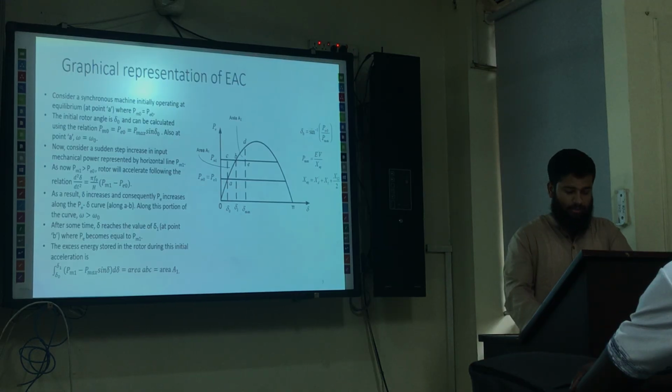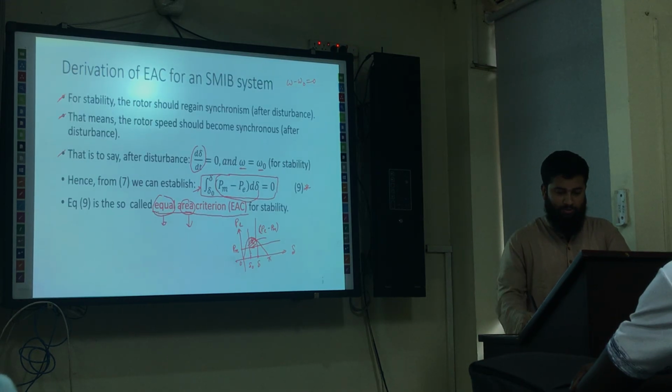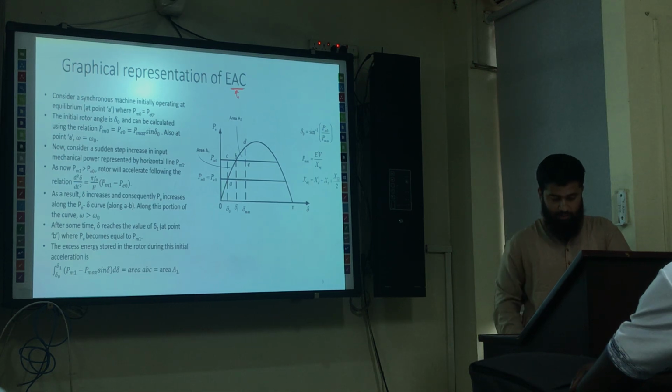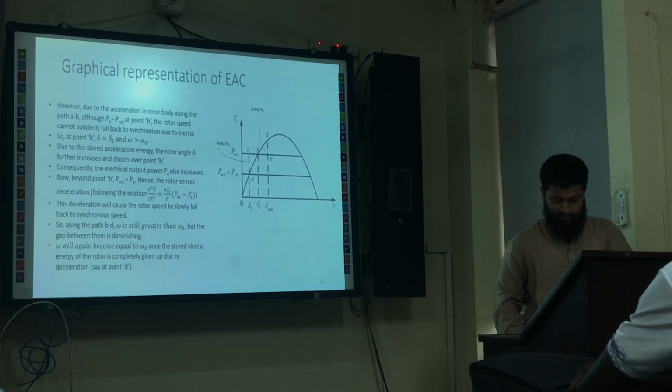So up to this slide number 8, we have discussed some introductory things of this transient stability slide. From this slide, we will see how we can solve the transient stability using this graphical method, that is the ESC. And this is very much interesting. If you just follow the lecture, you will see that these things are actually very much easy.